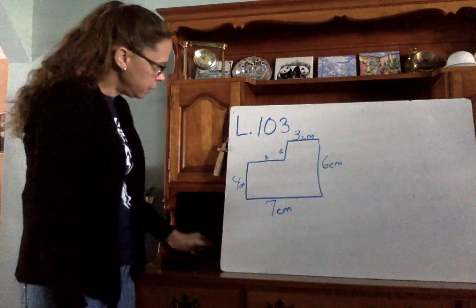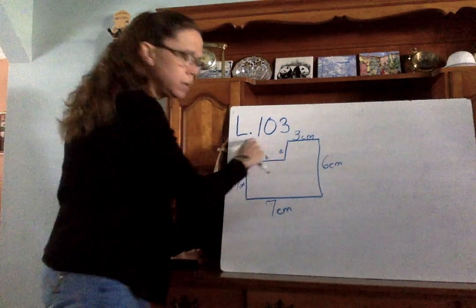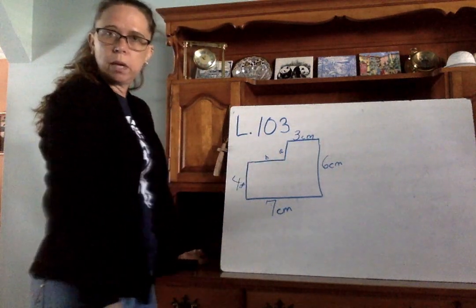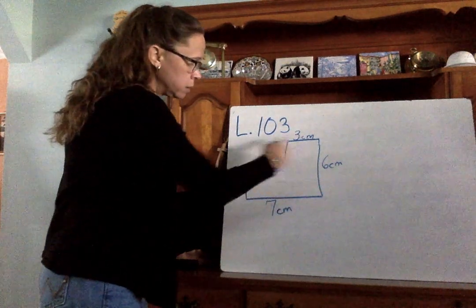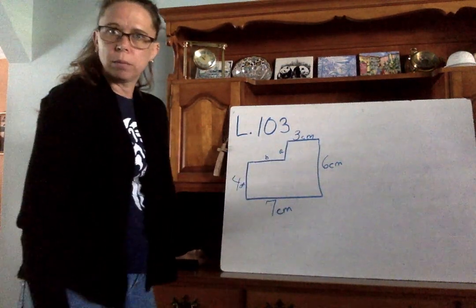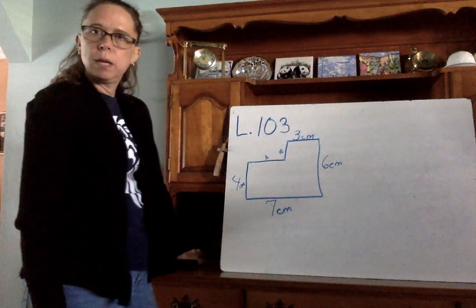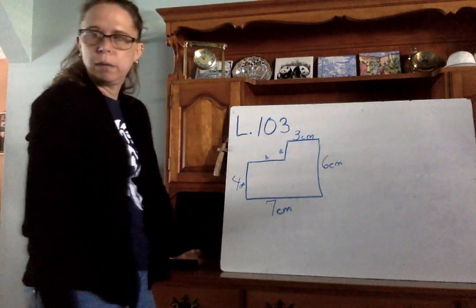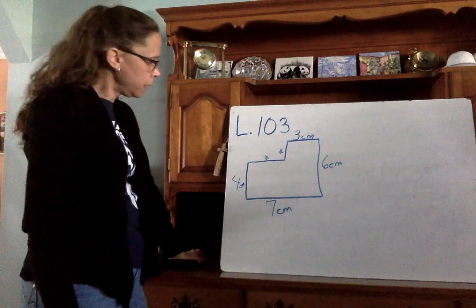On this one, you can tell that this chunk right here is missing. If it was there, it would be a full rectangle, and then we could say 2 lengths plus 2 widths would give us our perimeter, right? But we can't do that here, because we have what's called a complex shape. I have to know the length of every single side to find the perimeter.